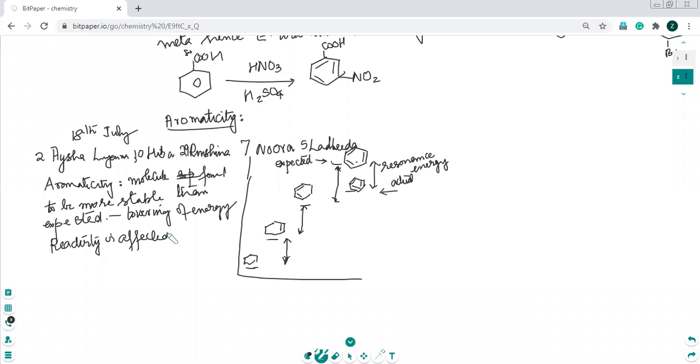In what way? See here. If we have a one double bonded compound and react this with bromine, you will get a dibromo product. What is the type of reaction here? Addition reaction.